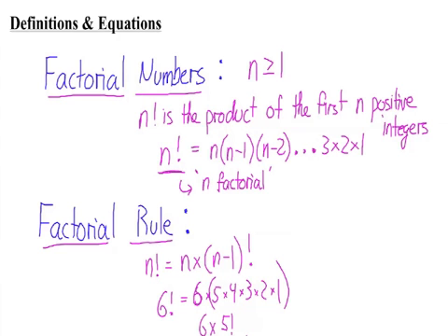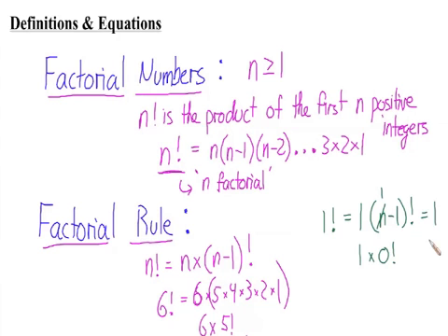I told you that we could take 0 factorial. Using the factorial rule, let's take a look at 1 factorial. So 1 factorial, using the factorial rule, would be the same thing as 1 times n minus 1 factorial. Well, in this case, n is 1. So really, I'm looking at 1 times 0 factorial. Now, we define 1 factorial as equaling 1.